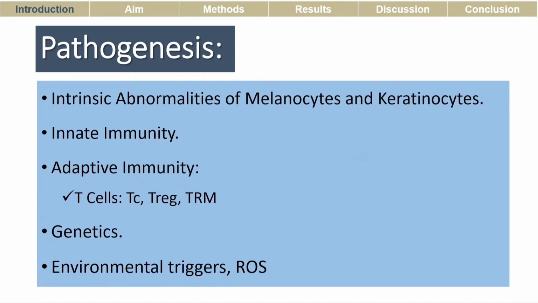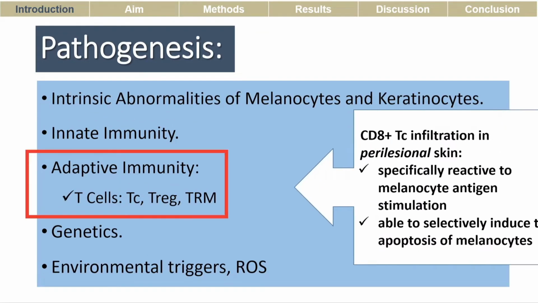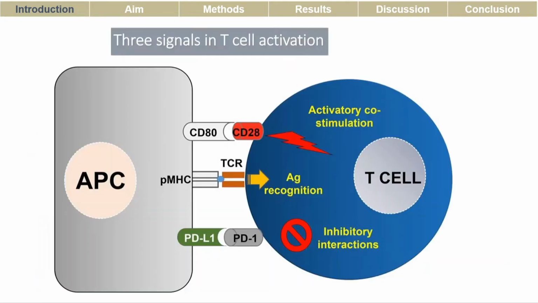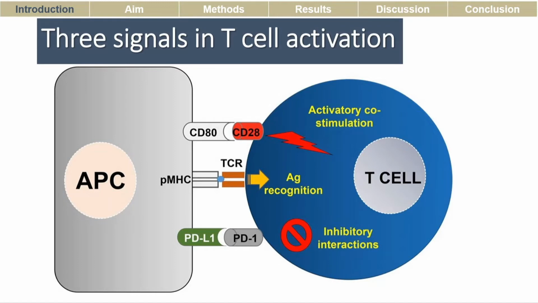As we all know, vitiligo is a multifactorial disease. Of concern to our topic is the aberrant adaptive immunity that is manifested by CD8 T cytotoxic cell infiltration in perilesional skin, which are specifically reactive to melanocyte antigen stimulation and able to selectively induce the apoptosis of melanocytes. There are three main signals involved in T effector cell activation.